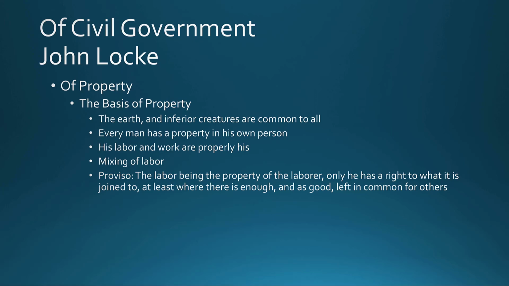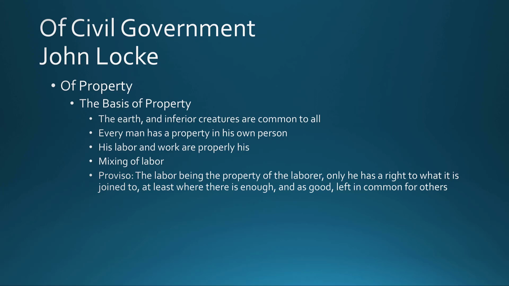So the apple is theirs because they join to the apple that belonged to everybody something of their own, some of their own work. Or with something involving more work, imagine someone washes up on a desert island and they gather up coconuts, etc. Well, then they're theirs. They go and gather wood and chop down trees and thatching and make a hut.